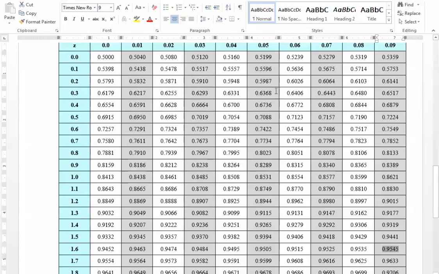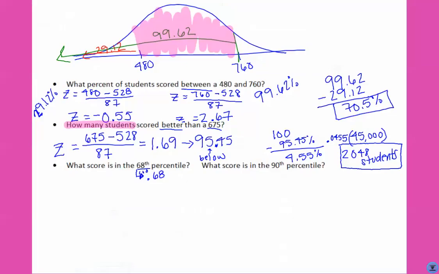Make sure you're looking on the inside, not on the outside, which is the pretty blue teal on my screen. So 0.68, closest thing to it, is right there. That comes from a z-score of 0.47. So that leads us to have a z of 0.47.